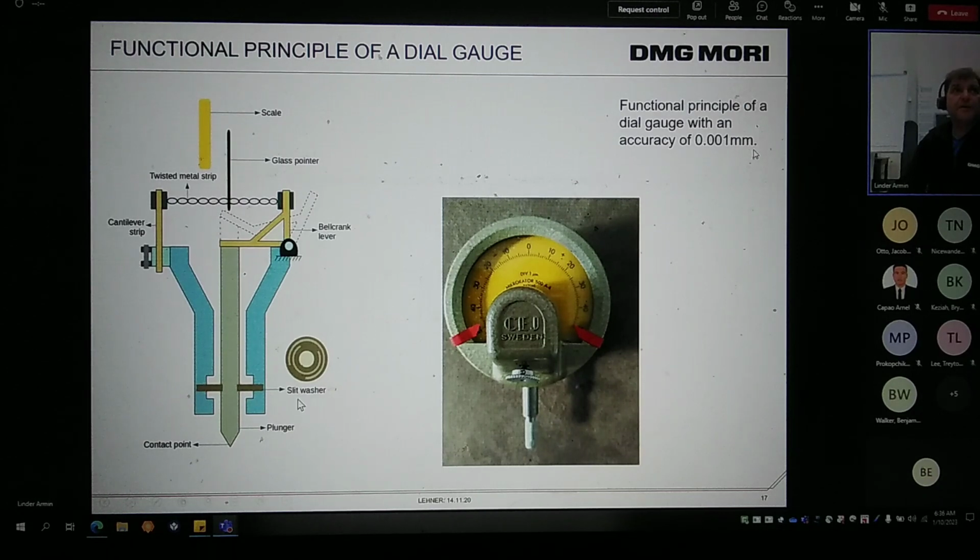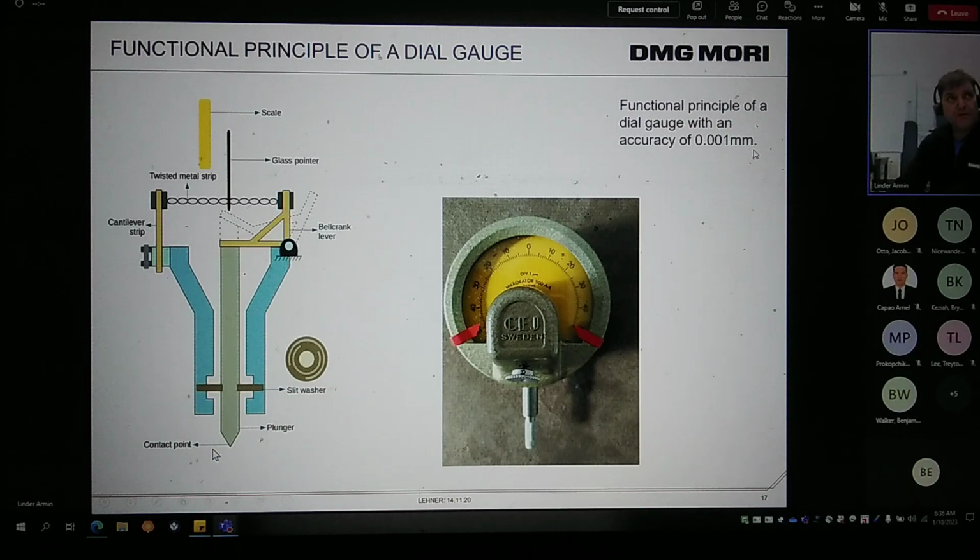In that case, we have a slit washer inside, which is more or less the bearing. Also, if we have a contact point, or you can do a draft with that dial gauge, that will give you a good result.